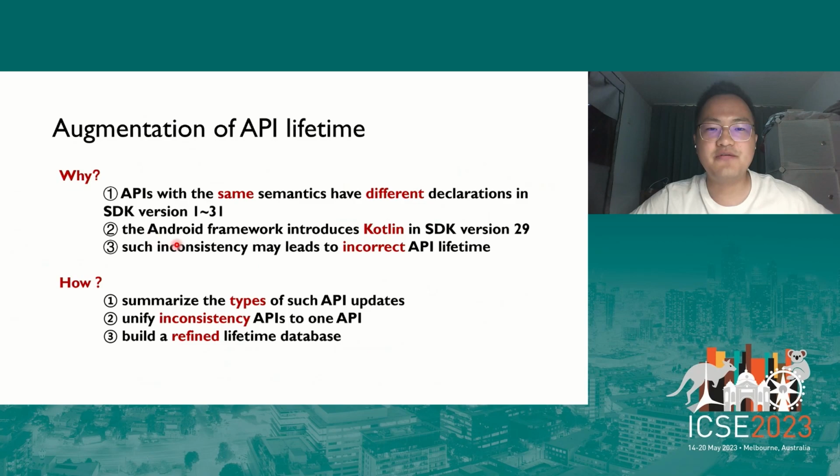Second, the Android framework introduced constants in the SDK after SDK version 29. Third, such inconsistencies may lead to incorrect API lifetimes. Consequently, the way we treat those inconsistencies is: first, we summarize the types of such API update inconsistencies. Second, we unify the inconsistent API into one API. Last, we build a refined lifetime database.